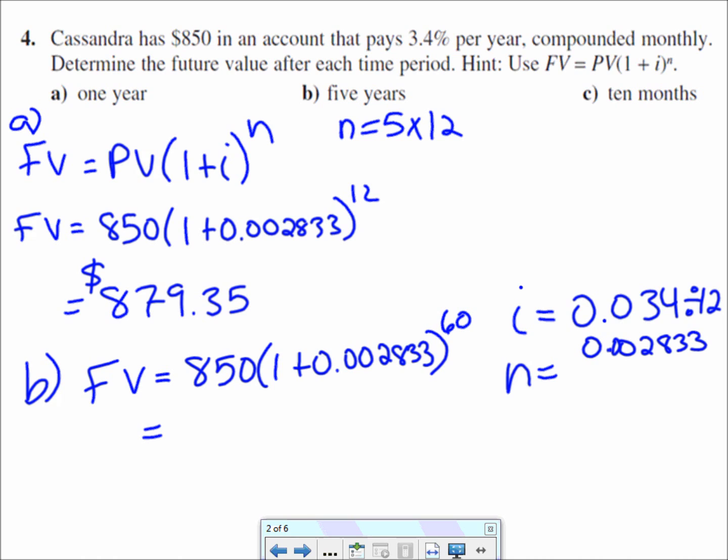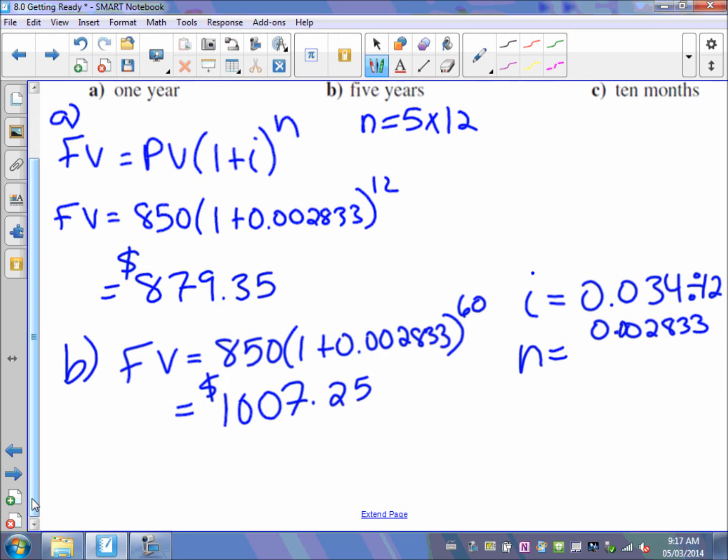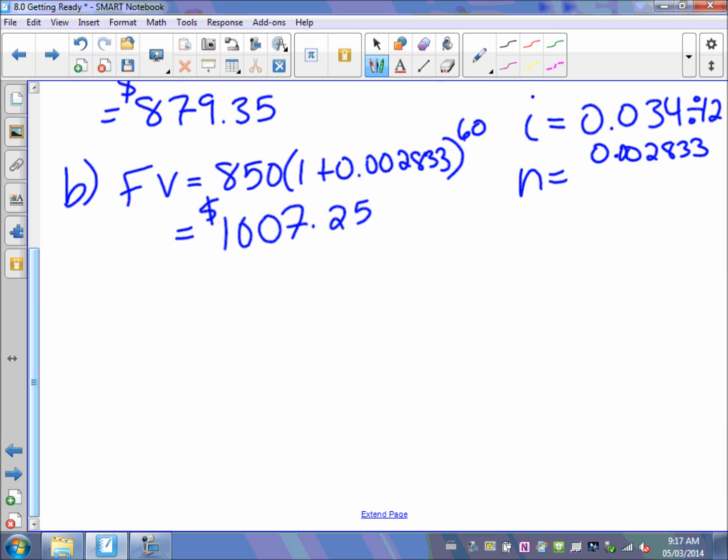So 850, I'm just plugging into the calculator. $1,007.25, right? Because it's rounded. Okay, and the last one. The nice thing about the last one is it's already in months, so our n is just the number of months.